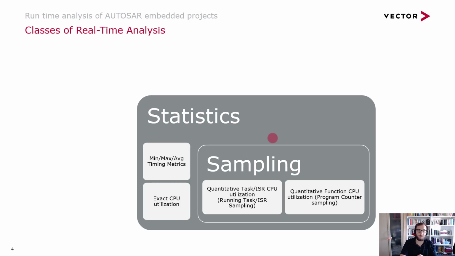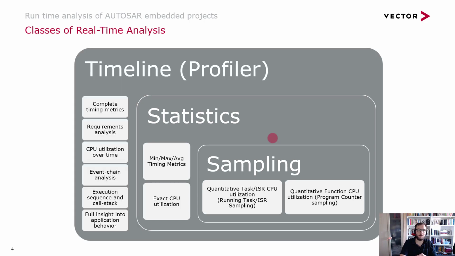The third class that we are going to talk about in this video is the timeline that you measure with a profiler. And here you get the complete timing metrics. So here you will be able to see for all tasks and all runnables a timeline like I've shown it in the slide before.